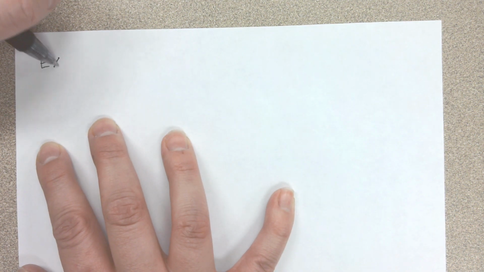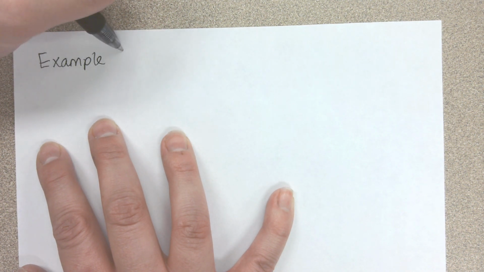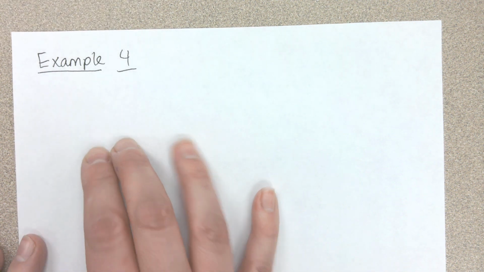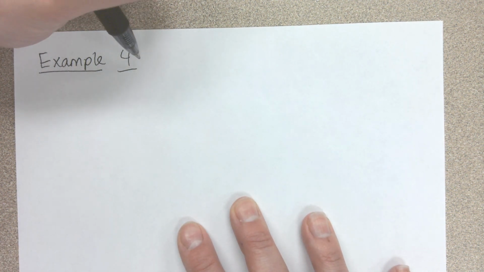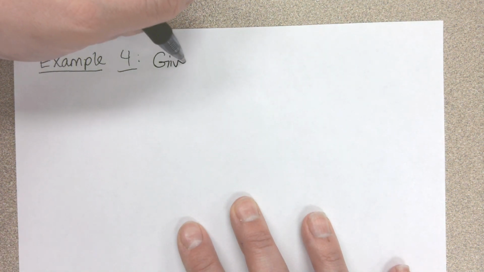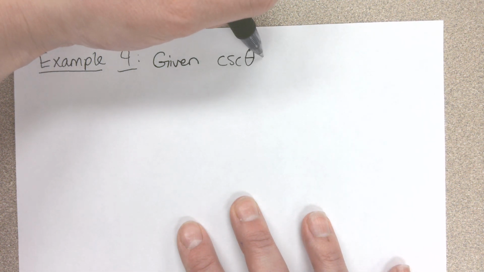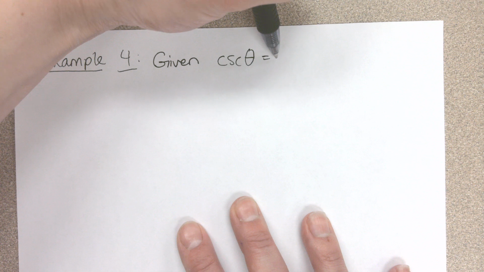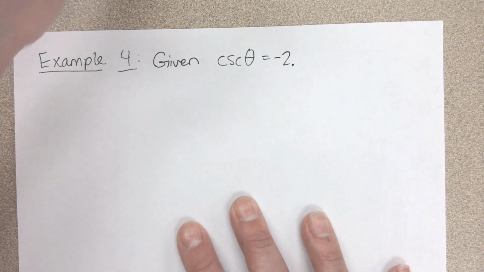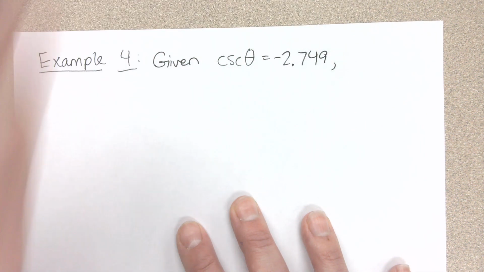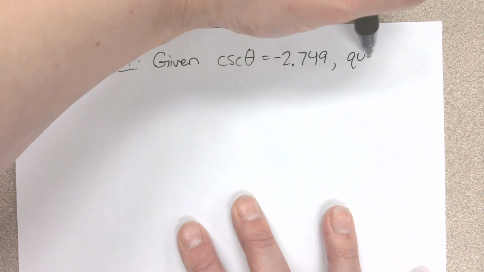Example 4. Given cosecant theta is negative 2.749, and we are in quadrant 3.